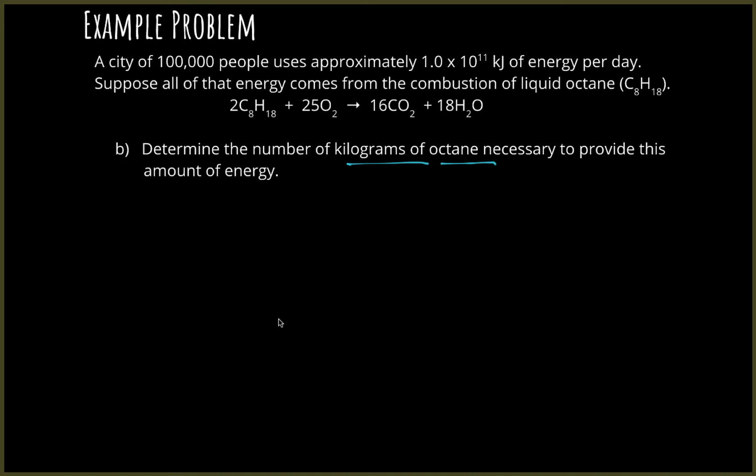So it said in the previous problem that the city uses 1 times 10 to the 11 kilojoules of energy per day. And I want to know how many kilograms of octane would be necessary. So I know from the previous problem that the heat of reaction, once I changed this to 1 and divided all these by 2, the heat of reaction per 1 mole was negative 5,074.1 kilojoules released.